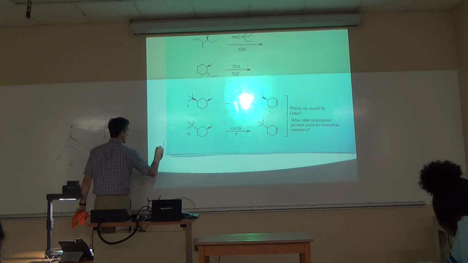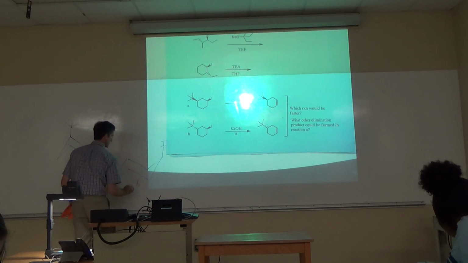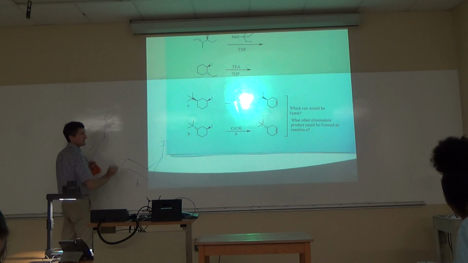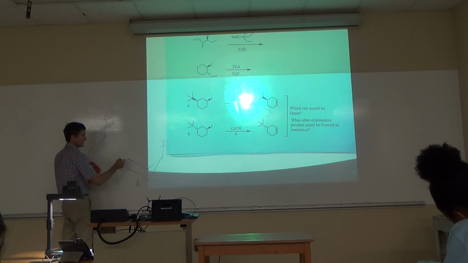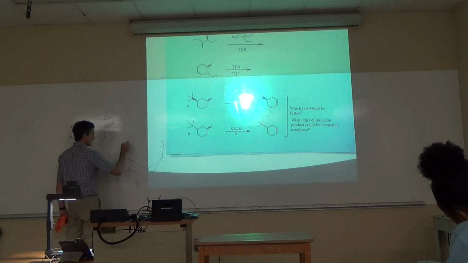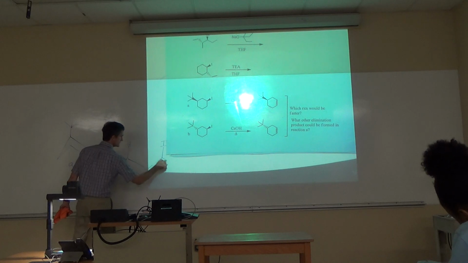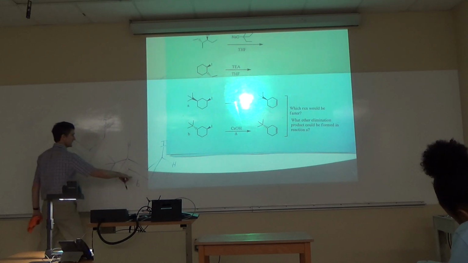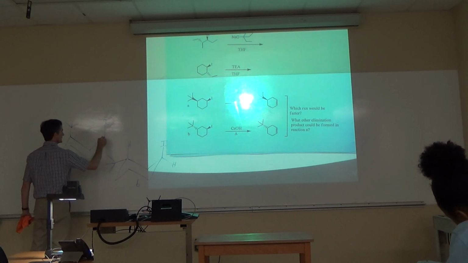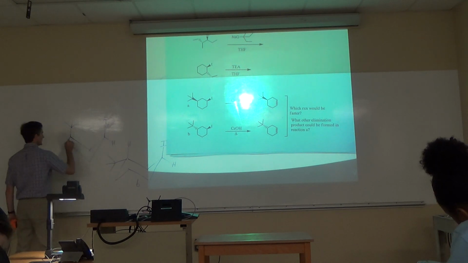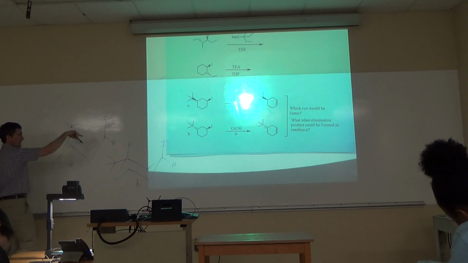Let's do B. The iodine is axial. How's the t-butyl? Well, in B, they're trans, so this would be equatorial. Okay, if you want to draw the H's just for clarity. You see that there the two groups are trans. There the two groups are cis.